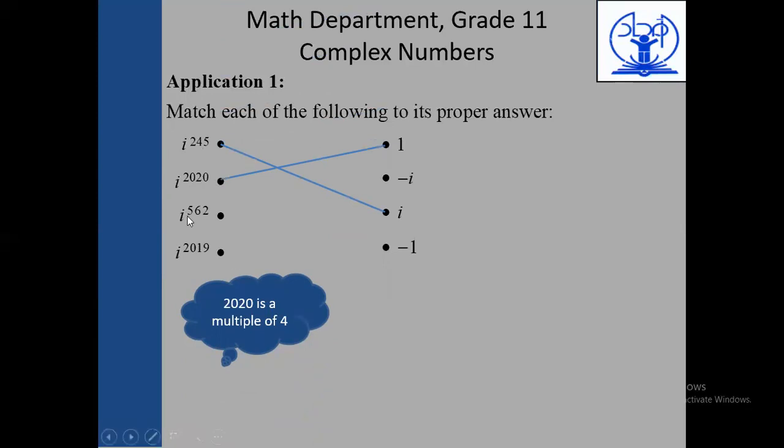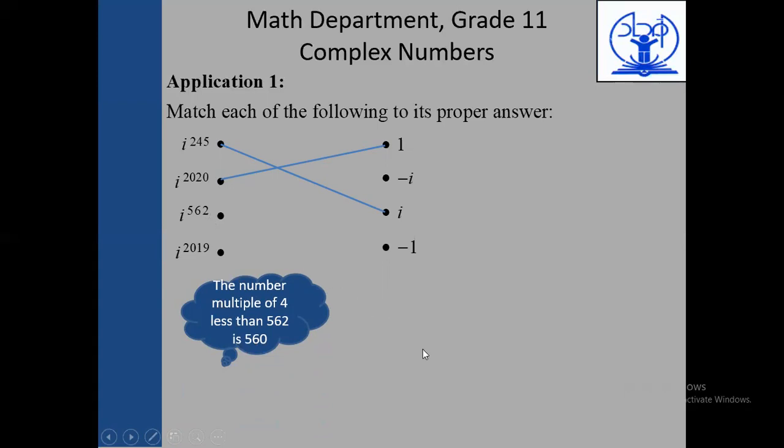What about i to the power 562? 562 is not a multiple of 4. You should think of the remainder in case you divide. Actually, the largest number which is a multiple of 4, less than 562, is 560, which means if you divide 562 by 4, the remainder will be 2.